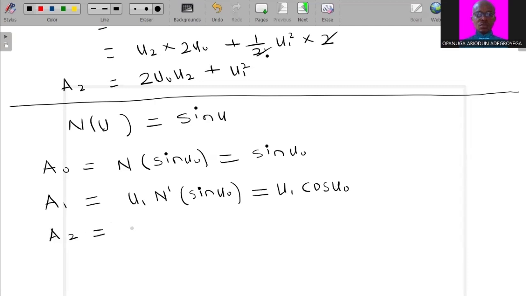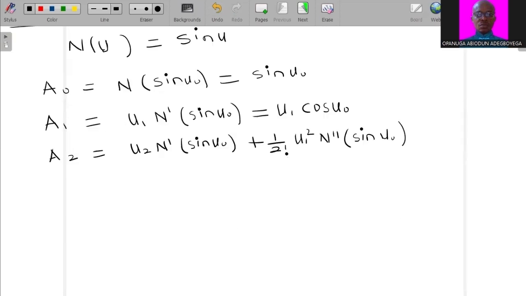Our A_2 is going to be u_2 N prime of u_0 plus 1 over 2 factorial u_1 squared N prime prime of u_0.